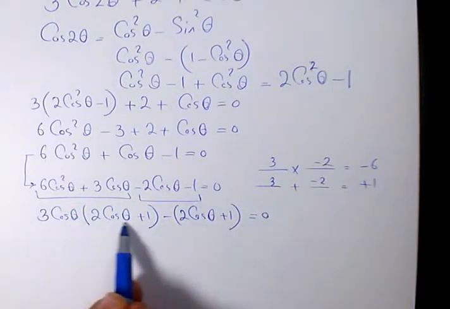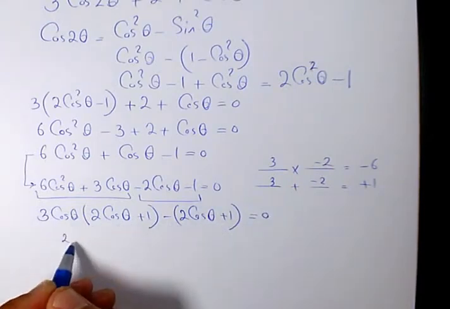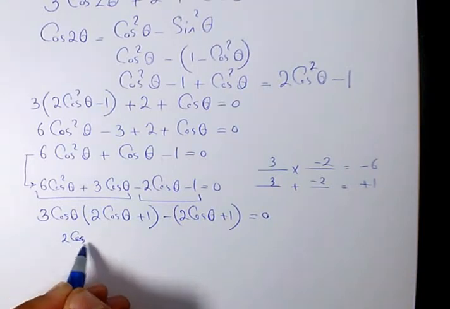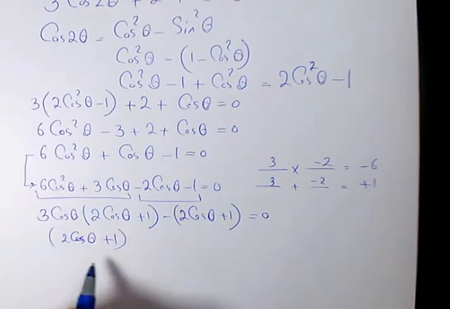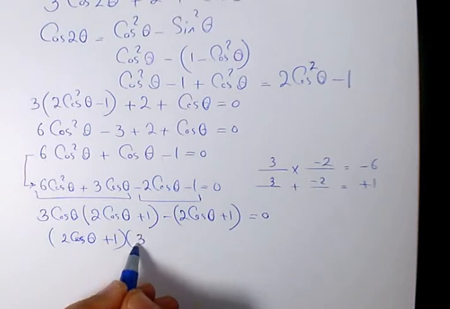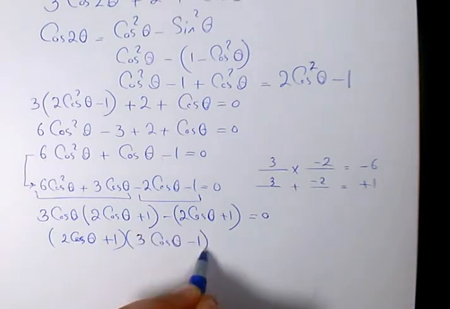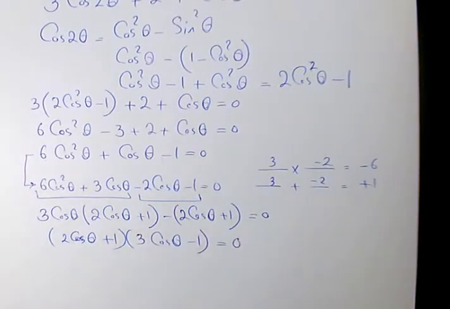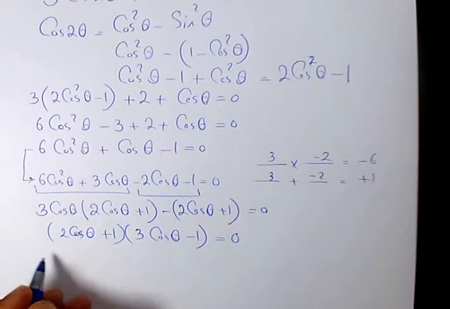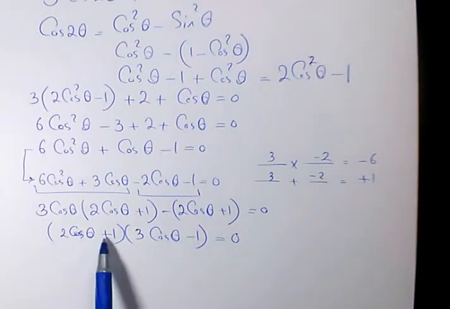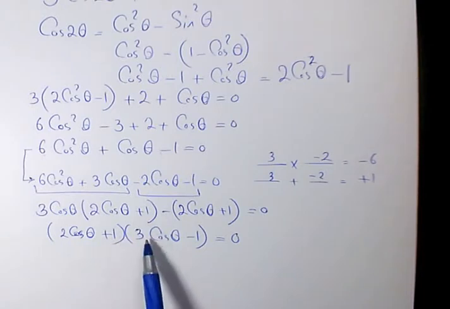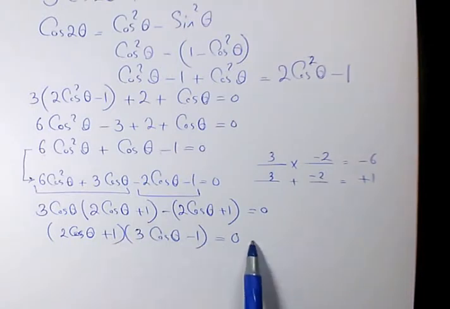Now, as you see in these two terms, 2 cosine theta plus 1 is common between both of them, and here we have 3 cosine theta minus 1 equals 0. Now we have two cases, one when 2 cosine theta plus 1 is 0, the other one is going to be 3 cosine theta minus 1 equals 0.